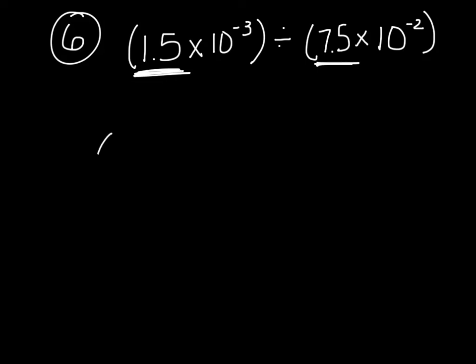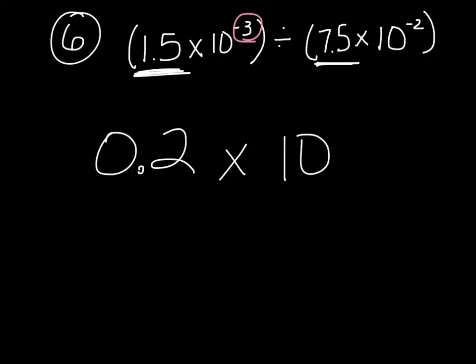That gives me 0.2 times 10. Now we're dividing, so we subtract the powers. We take negative 3 minus negative 2. That gives me negative 3 plus 2, which gives me a power of negative 1.